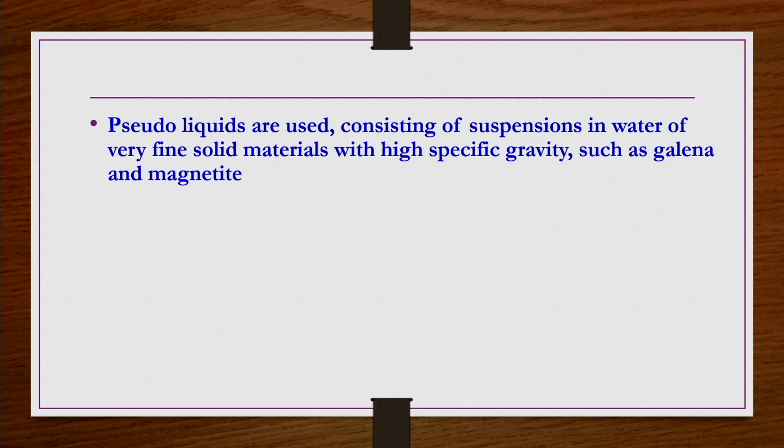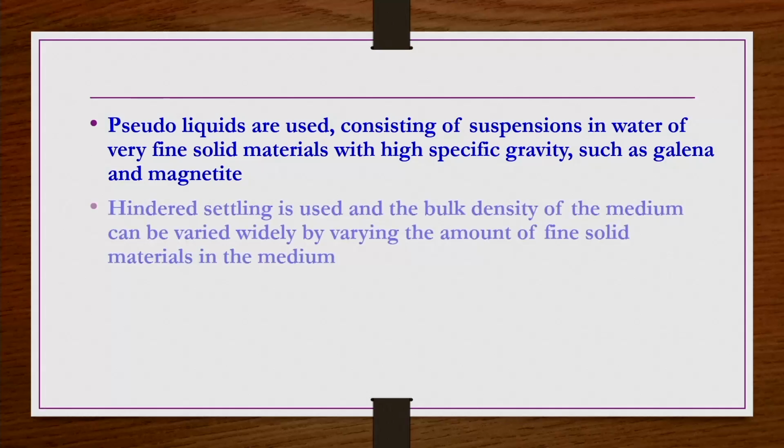Their density would be higher than that of water, because the specific gravity of these materials is very large compared to water. So it is possible to have a suspension with a density in between the densities of the heavier and lighter materials.